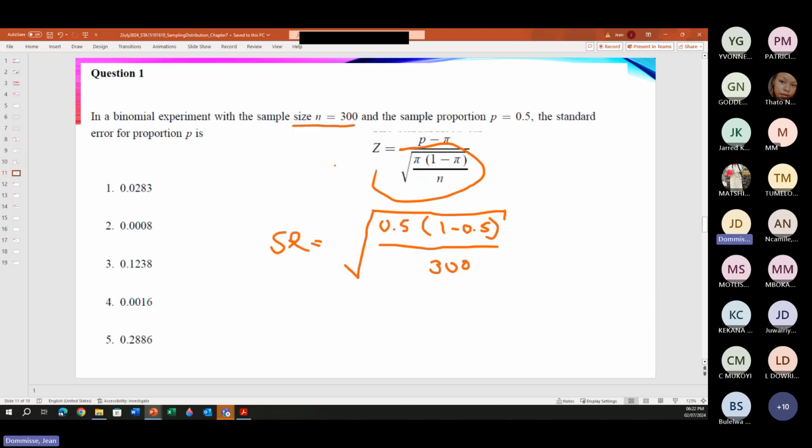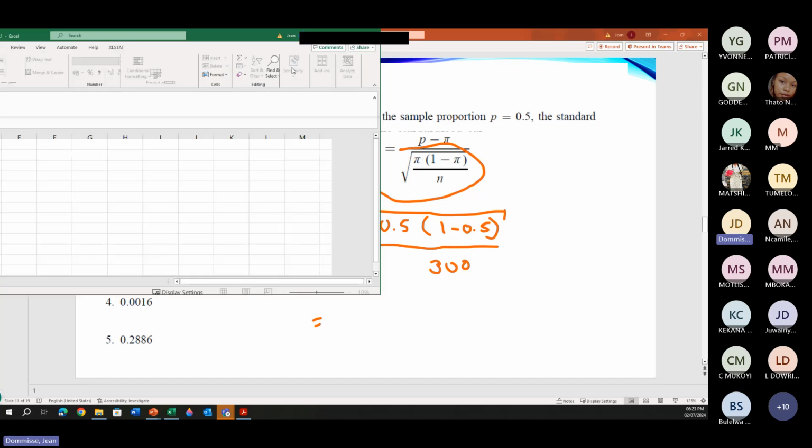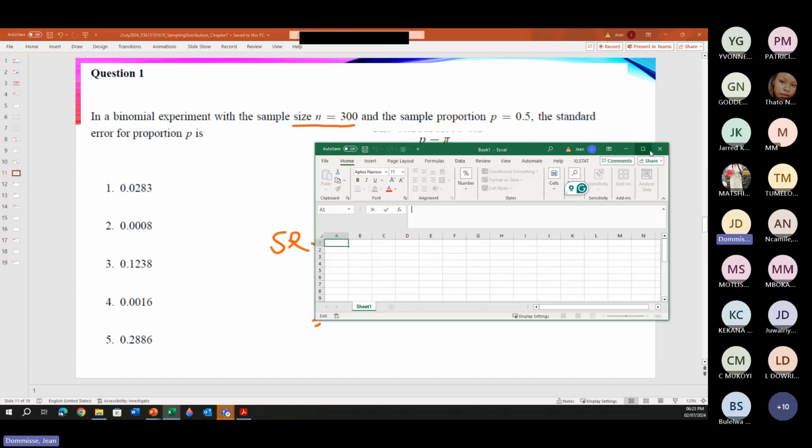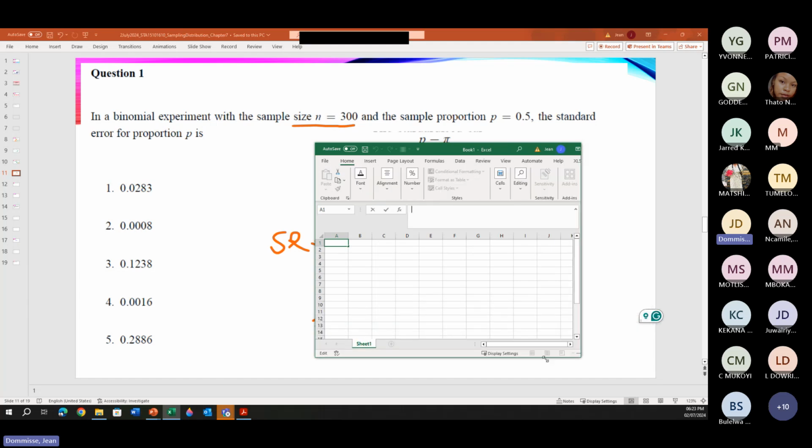Okay, so let's look at the sample proportion, okay, this is calculated time. Where is my calculator? I think it disappeared somewhere in the house. So let's just, I'm gonna quickly do it on Excel, but it's just because I don't have my calculator with me.